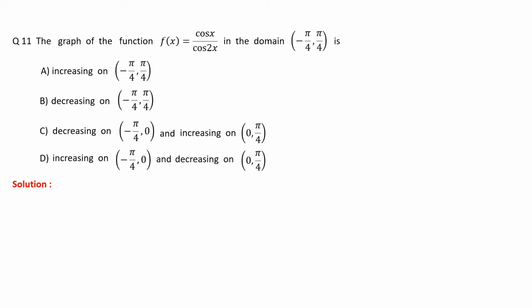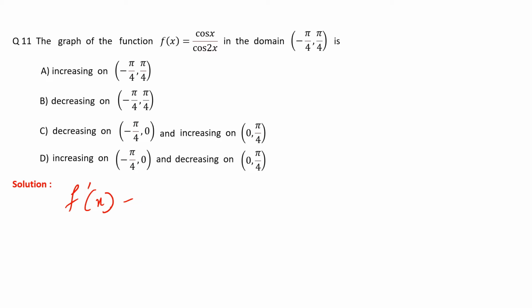Now we know that to find the interval for increasing and decreasing, we must find f dash x. In those regions where f dash x is positive, there the function will be increasing, and in those regions where f dash x is less than 0, the function will be strictly decreasing, right?